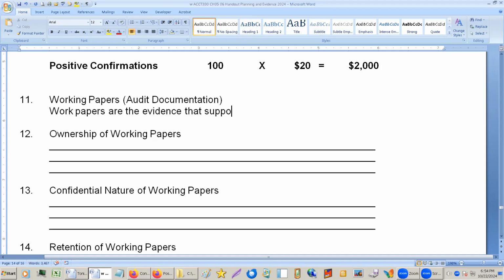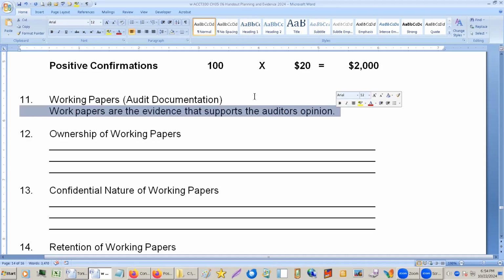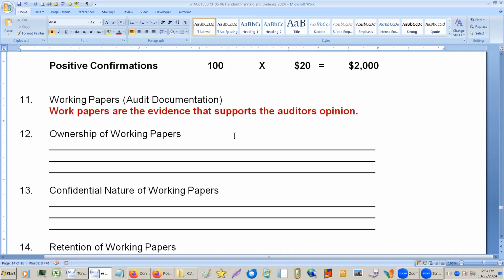Work papers are the evidence that supports the auditor's opinion. And again, everything is documented. Everything is documented in the work papers. You document everything you do. And I think I told you last time, about a third of auditing is documenting.